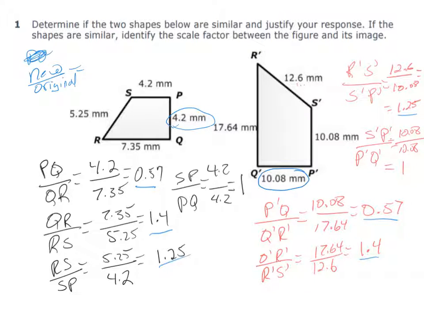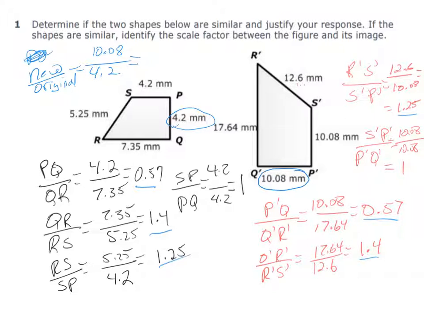So if I see my prime marks, then I know 10.08 is my new, and 4.2 is my original.